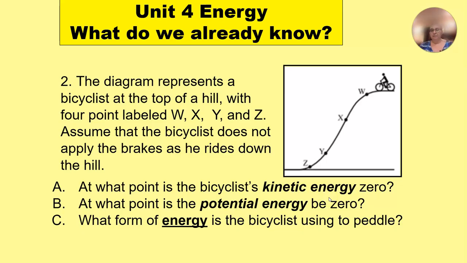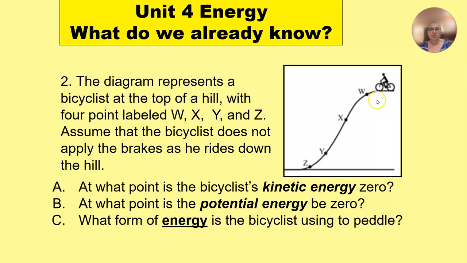Now, let's think about when the bicyclist is actually pedaling. What form of energy is the bicyclist using to pedal? In the first A and B, we could think of a bicyclist as just like a ball rolling down the hill. But what energy would the bicyclist be using to pedal? The pedals will propel them forward.